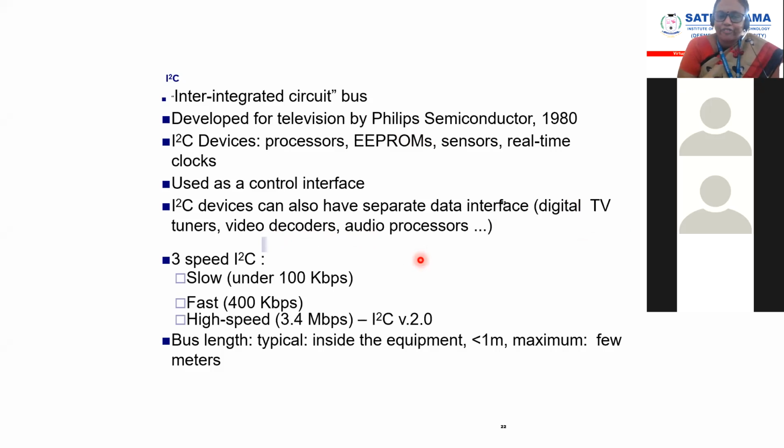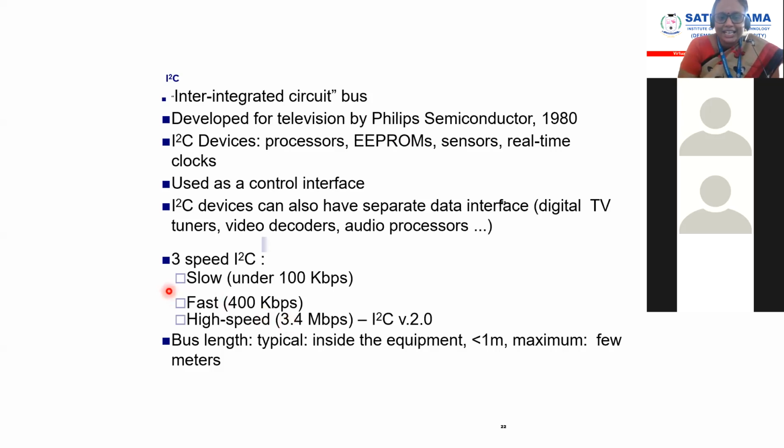How can we classify the I2C bus? The way we classify is slow, fast, and high speed. We all know RS-232 can transfer a maximum of 20 kilobit per second. CAN has two categories, power CAN and basic CAN: one transfers greater than 250 kilobit per second, the other greater than 150 kilobit per second.